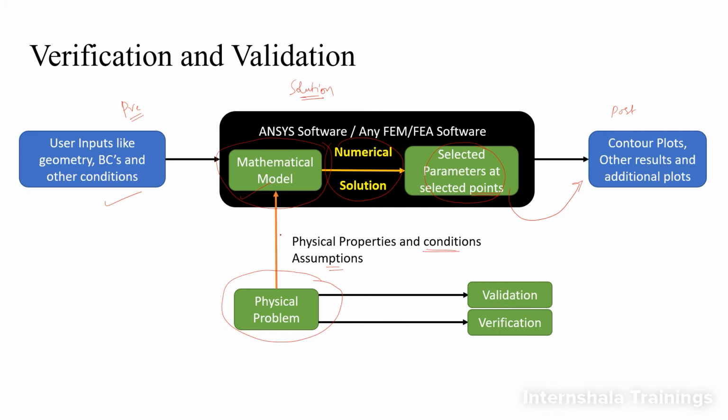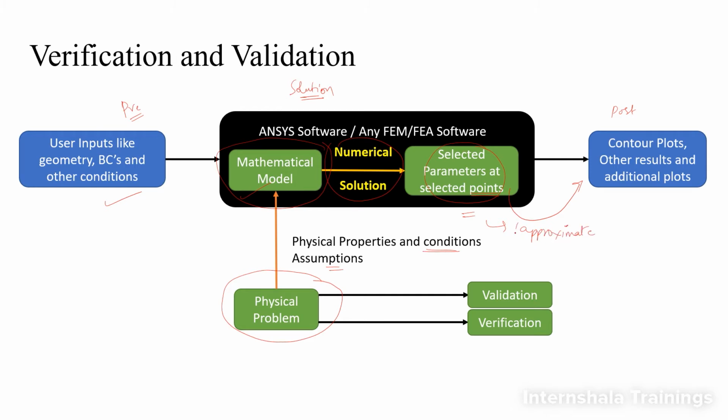But remember, it might not always be possible to give those conditions as accurately as intended. So whatever result we get from the software will be an approximate solution. This we have already learnt.